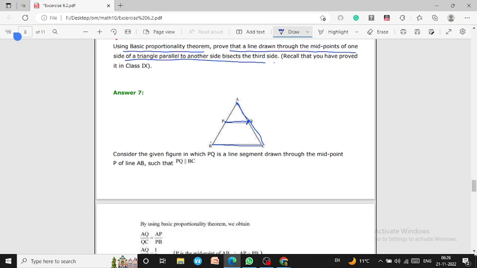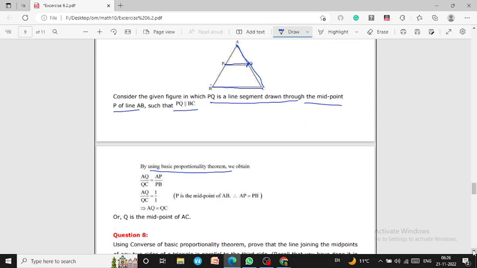So first of all we consider the figure. PQ is a line segment drawn through the midpoint P of line AB, and PQ is parallel to BC as given. According to the basic proportionality theorem, AQ over QC is equal to AP over PB, and AP over PB is equal to 1 because P is the midpoint of AB.